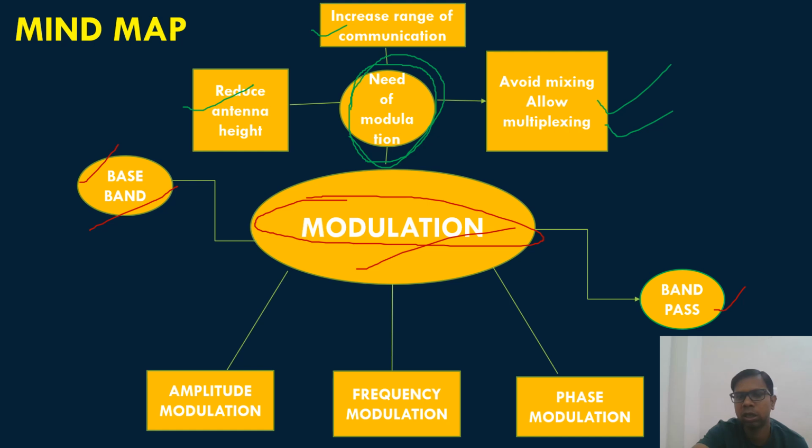So these are the 3 important points which support why we have to do the modulation in communication systems. And the modulation has 3 types as discussed: amplitude modulation, frequency modulation, and phase modulation, and we discussed their definitions. So this is the mind map of the whole slide that we have discussed.